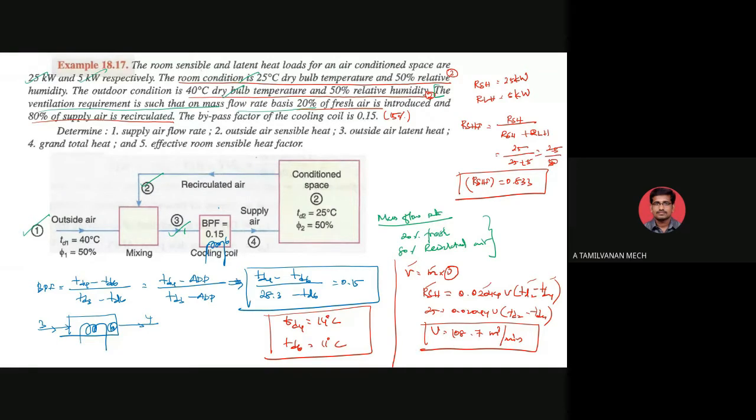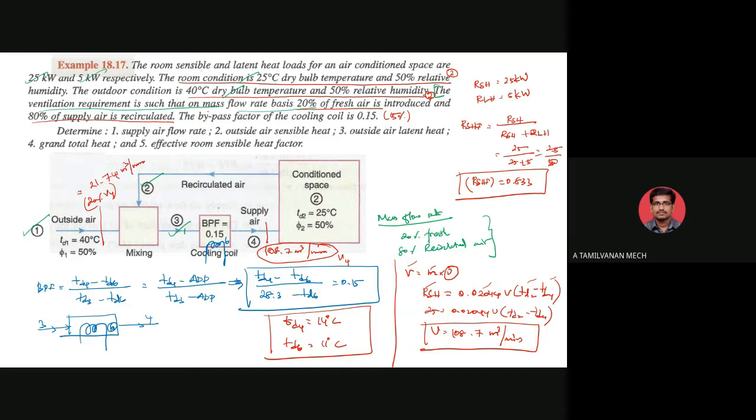This is the total volume flow rate at point number 4, equal to 108.7 meter cube per minute. So what is the volume flow rate at 1? This is the V4 we already found. The volume flow rate at 1 is 20% of V4, which is equal to 21.74 meter cube per minute.